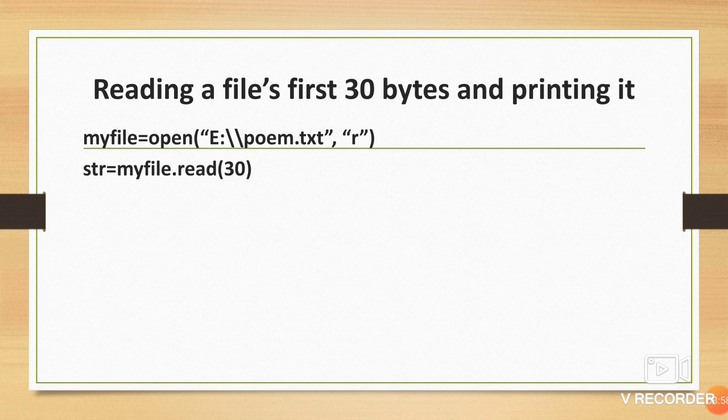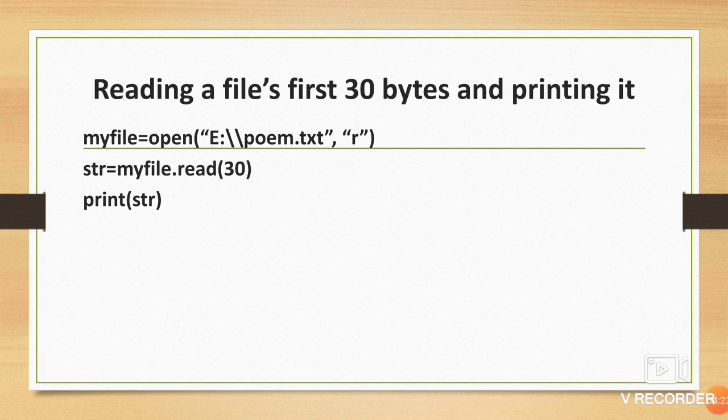We saw the syntax. What is the syntax? Object name dot read, inside the parentheses n. So instead of n now I typed 30. So what will it do? The read function will read 30 bytes. Okay, print str. Now after reading I want to print that particular string.